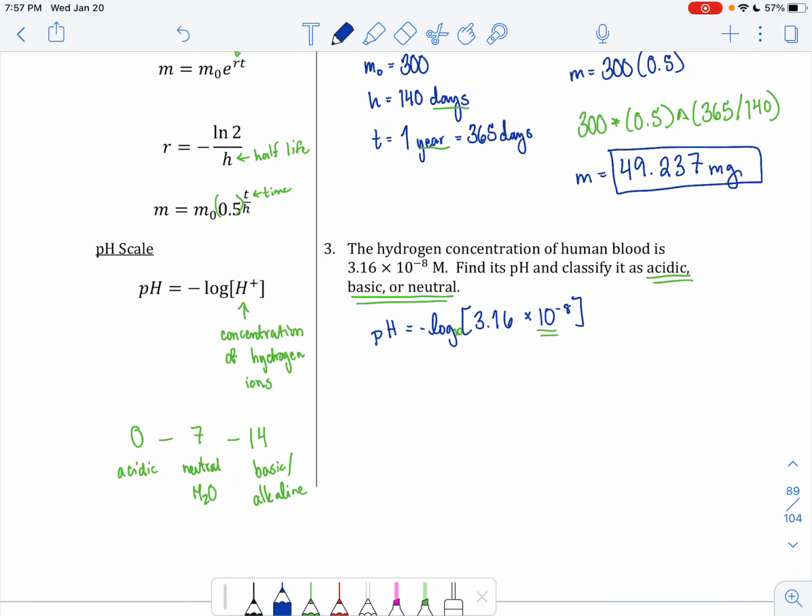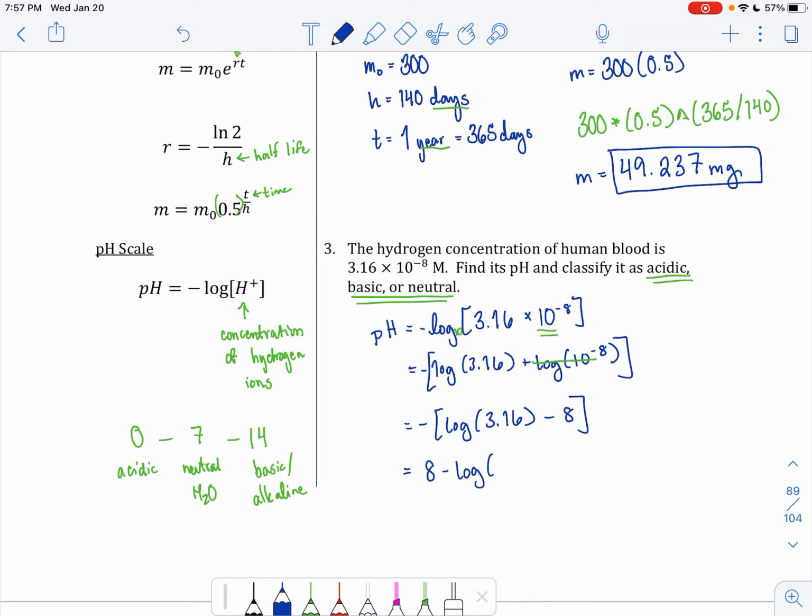So there's a way we could estimate this really easily even without that, because we can say, well, this is negative log 3.16. The multiplication becomes plus log 10 to the negative 8. Log and power of 10 cancel. So this is negative log of 3.16 minus 8. Can simplify that to 8 minus log 3.16.